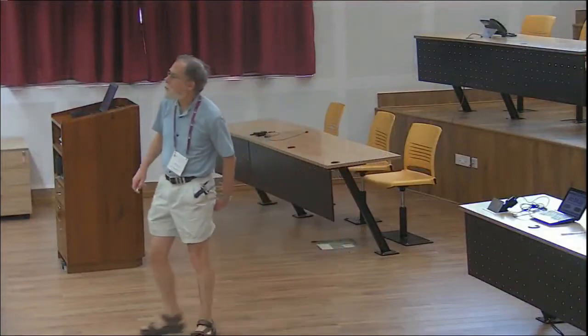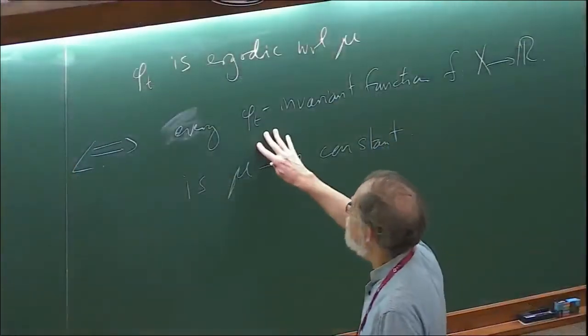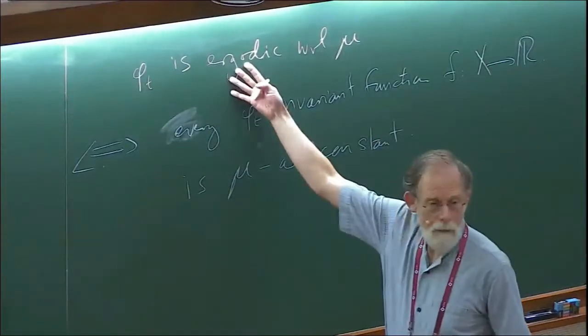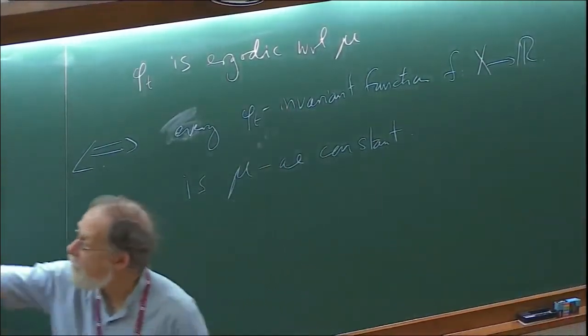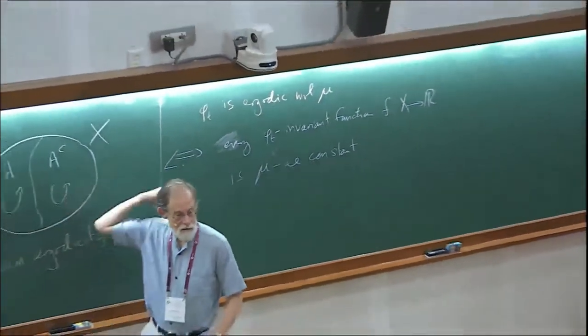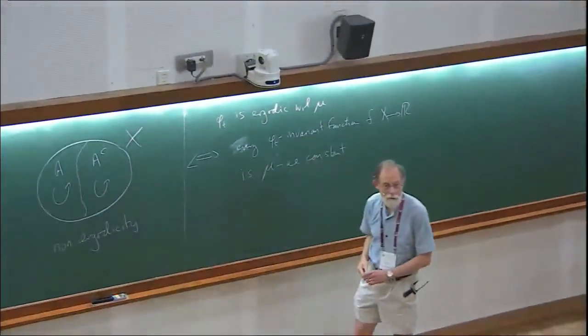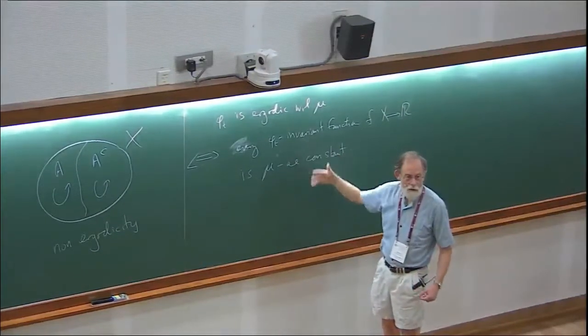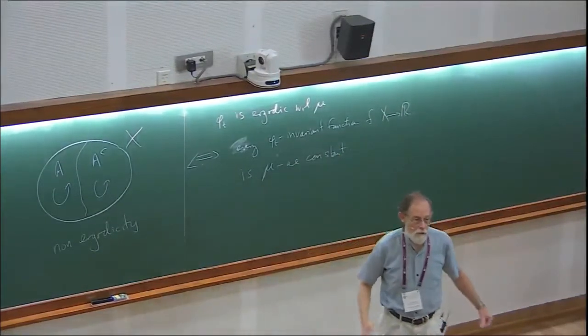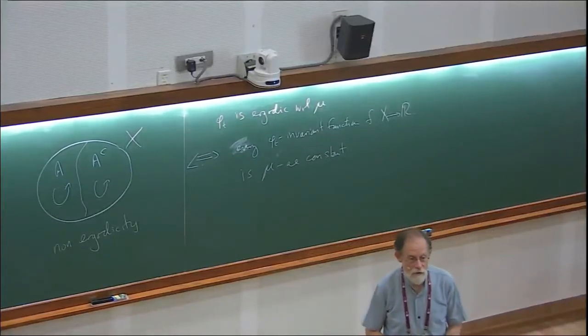And so at first sight, it's clear that if this property holds, then you've got ergodicity, because the characteristic function of an invariant set A is an invariant function. And this at first sight appears as though it could be stronger, because you could imagine invariant functions that aren't characteristic functions. But then you do the usual kind of argument that you do in measure theory.